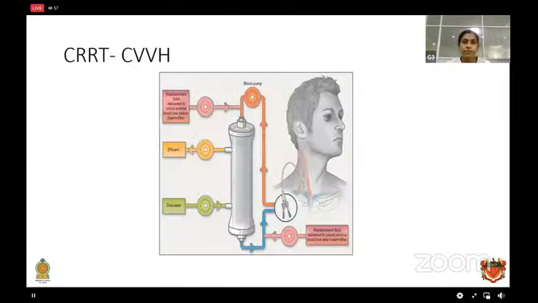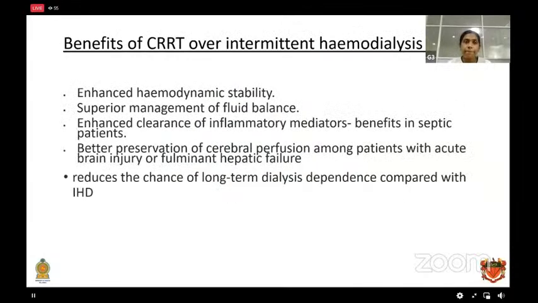So this is a figure to highlight renal replacement therapy. I just want to highlight that it mimics the kidney. So the dialysis machine tries to mimic the kidney. CRRT is better than intermittent hemodialysis because it causes more cardiovascular stability.